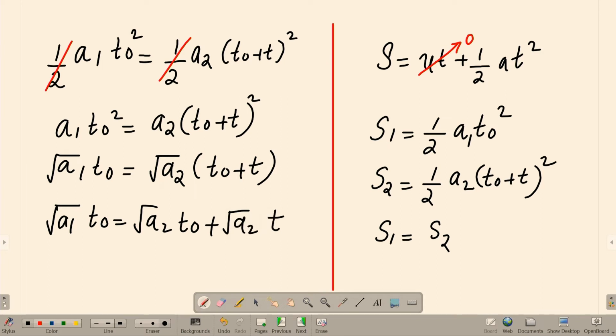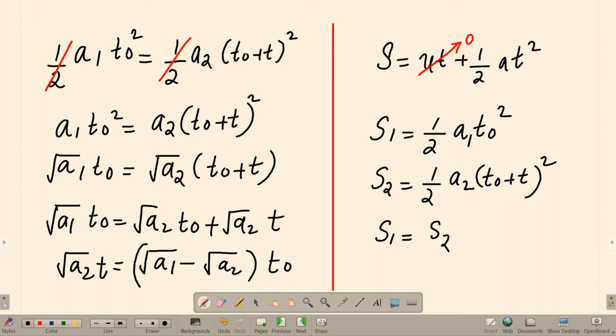Bringing t0 to the other side and taking it common, root of a2 t is equal to root of a1 minus root of a2, times t0.